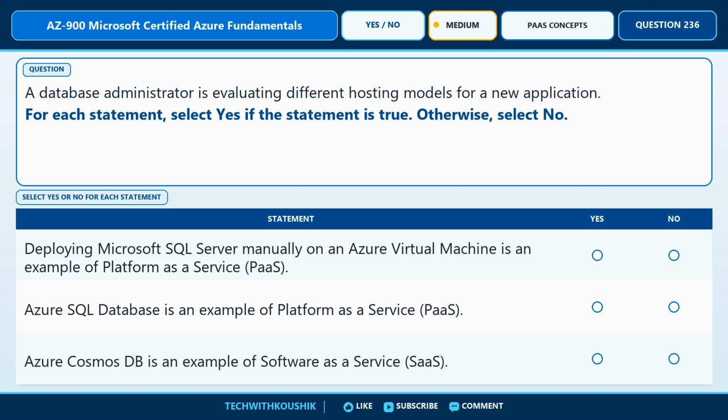Otherwise, select no. The first statement says, deploying Microsoft SQL Server manually on an Azure virtual machine is an example of Platform as a Service, PaaS. The second statement says, Azure SQL Database is an example of Platform as a Service, PaaS. The third statement says, Azure Cosmos DB is an example of Software as a Service, SaaS.